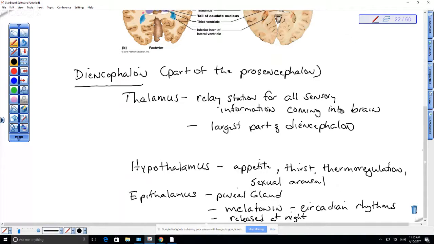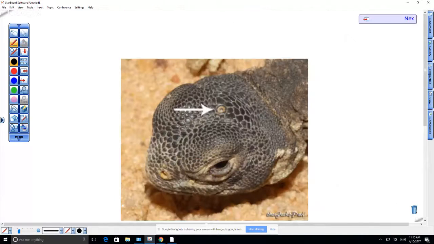So the crazy thing about the pineal gland is that in us, it is buried in our brain, right? So it is very strange that something that is reacting to light is buried in our brain.